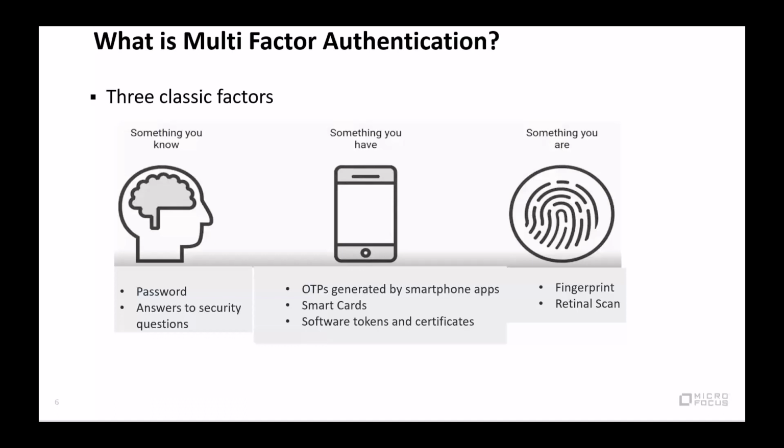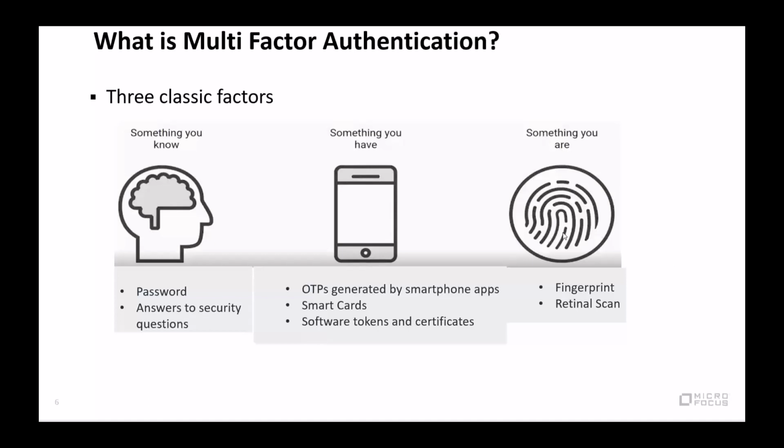Let's discuss what those three factors in multi-factor authentication are. The first factor is something that you know, which is the password or the answer to a security question. The second factor, which is different from the first, is something that you have or possess, such as a mobile phone. On a mobile phone, we can get a one-time password, which can act as an authentication method.